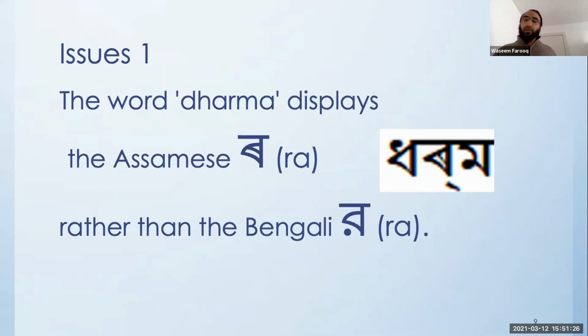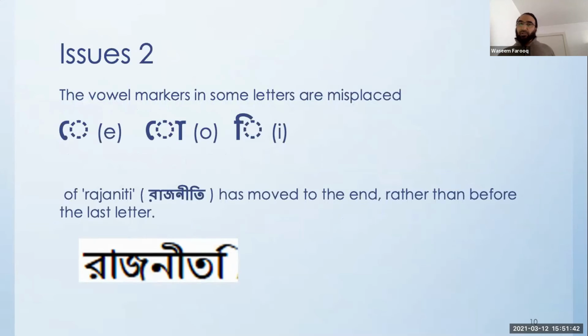Also, if you were to put this same word into Microsoft Word or Outlook, it would show correctly as the Bengali Ra should be, but it just depends on the application. Another issue was the vowel markers.